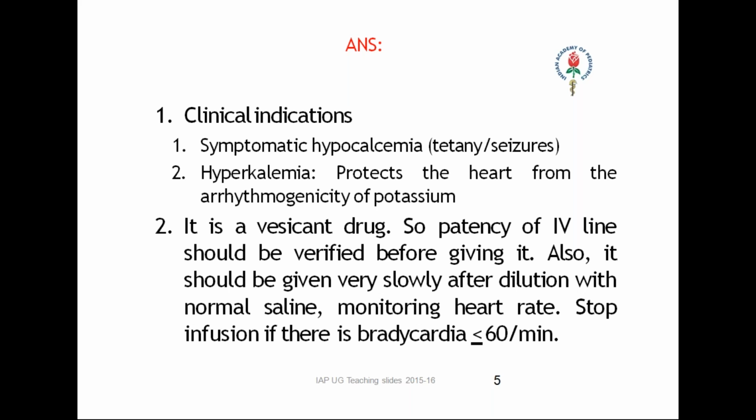And what are the indications? Indications are symptomatic hypocalcemia, hyperkalemia, and during your exchange transfusion. Available strength is 9% calcium, that is calcium gluconate containing 9% of calcium. These are all your strengths.